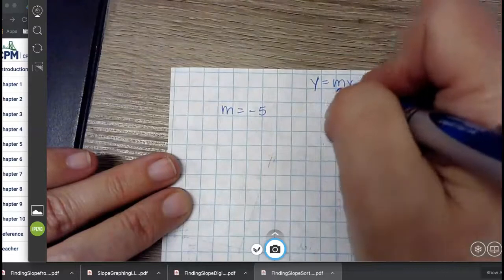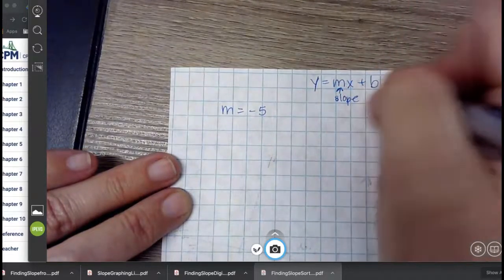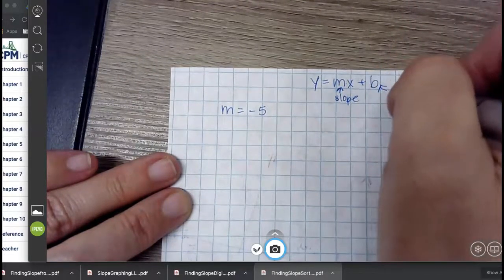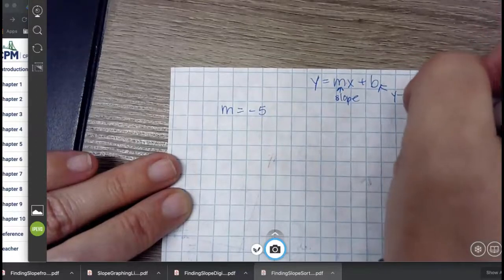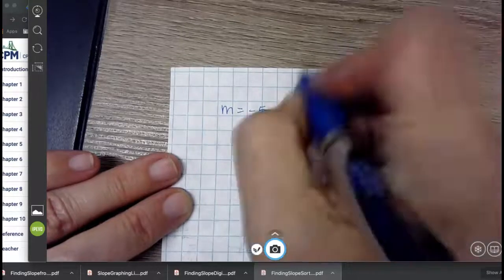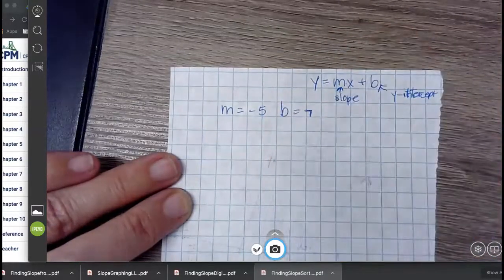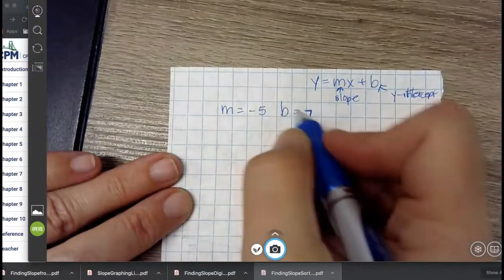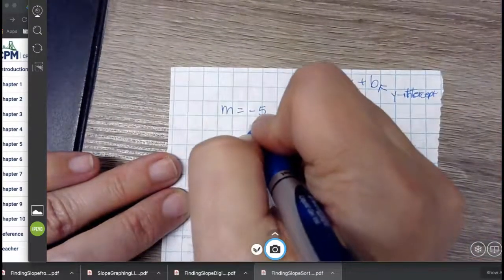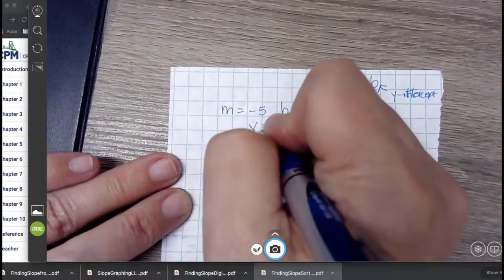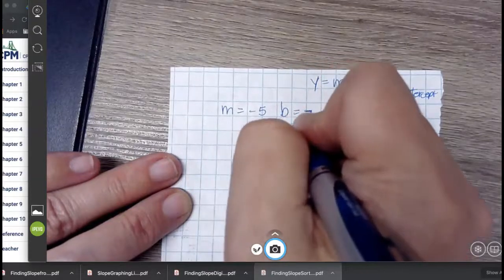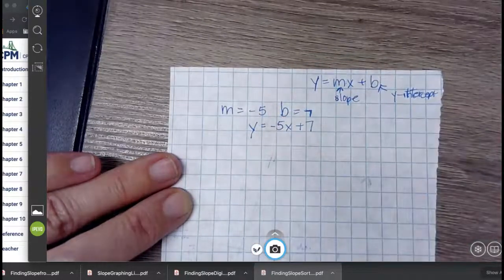The m is our slope, and the b is our y-intercept. If I know that my slope is negative 5 and my b is 7, I can write a rule for that line. So now my rule is y equals negative 5x plus 7.